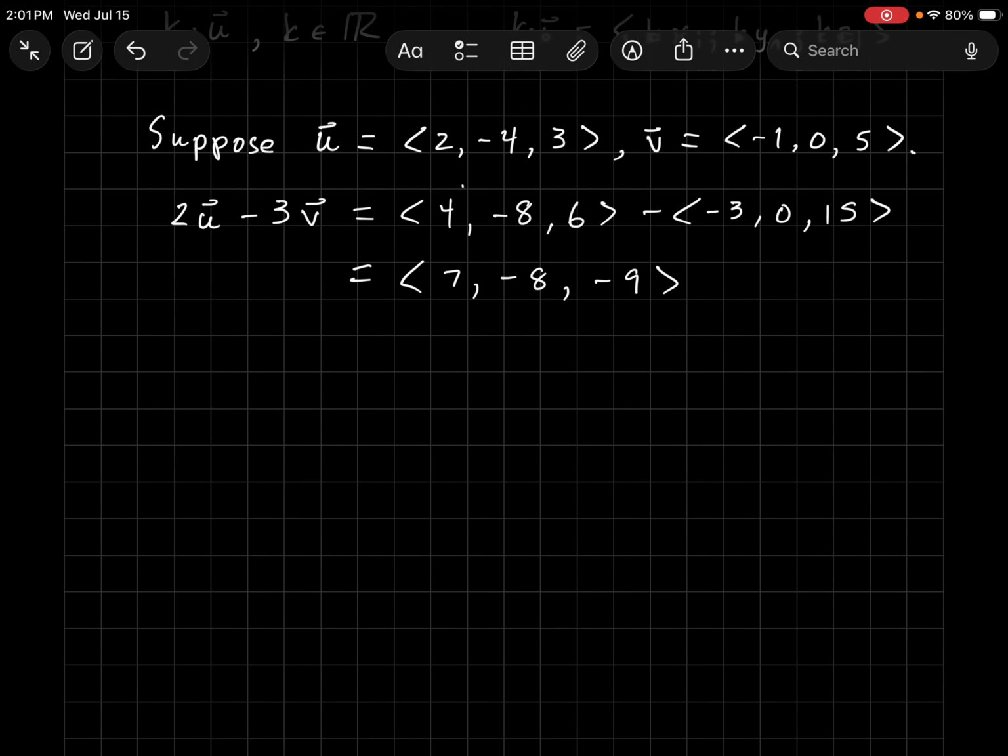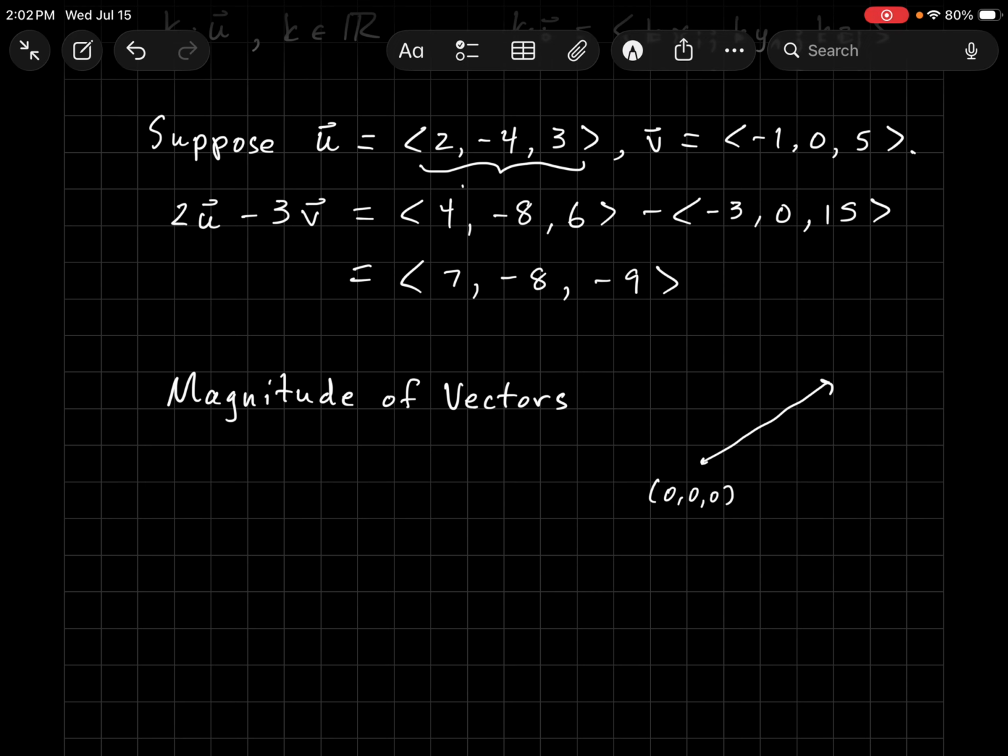Let's do a little work on magnitude. What if I wanted to find the magnitude of my vectors? Well, if you watched the first video, I alluded to it. If I want to find the length of a vector, and if I don't have a starting point, we're going to assume that the starting point is the origin, and we point towards that vector.